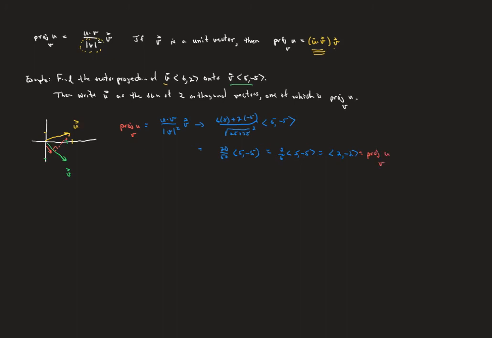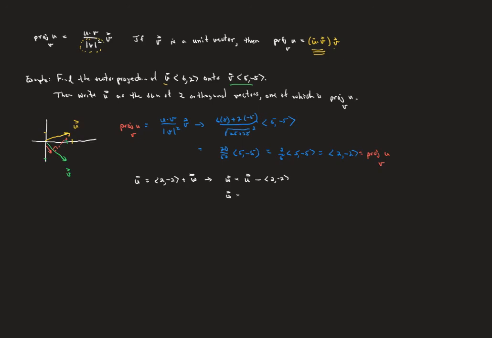Okay, so that's the first part. We found the projection vector. Now we want to write u as the sum of two orthogonal vectors. So we want u to be equal to our projection vector, 2, negative 2, plus this orthogonal vector, which I'm going to call w. To find w, we take our original vector u and subtract off our projection vector. This is what we do all the time.